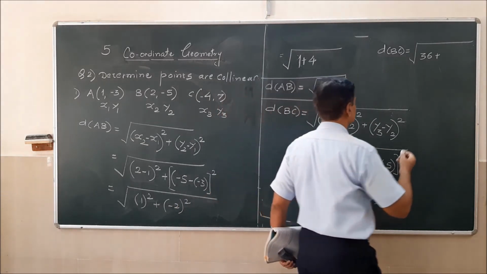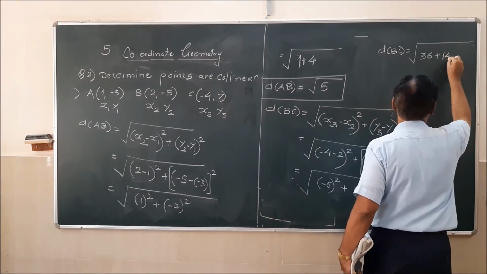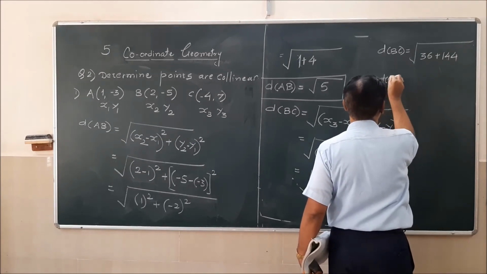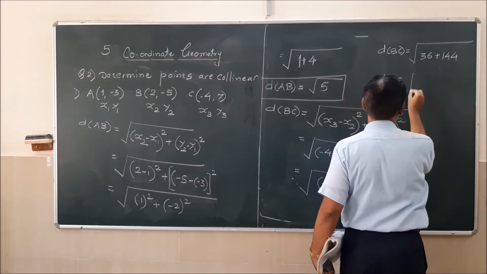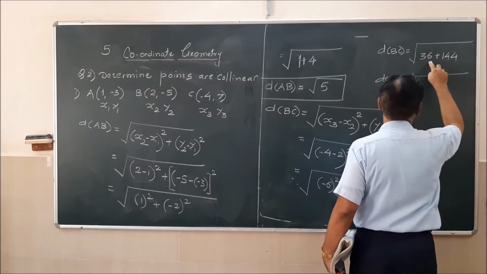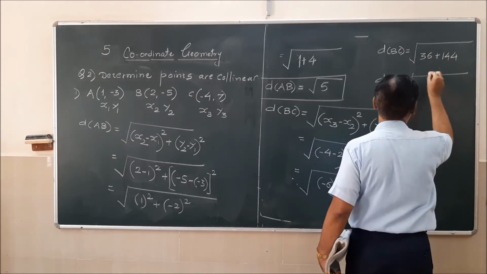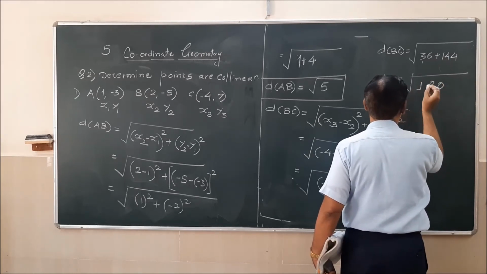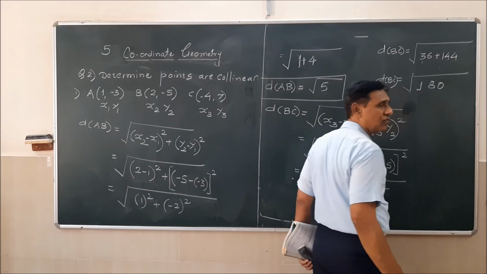So 36 plus 144, that is equal to 180. Distance BC is equal to the square root of 180, very important.